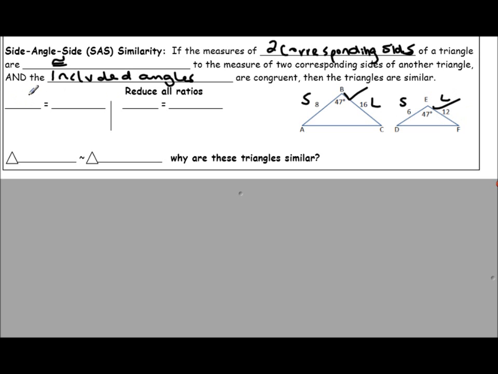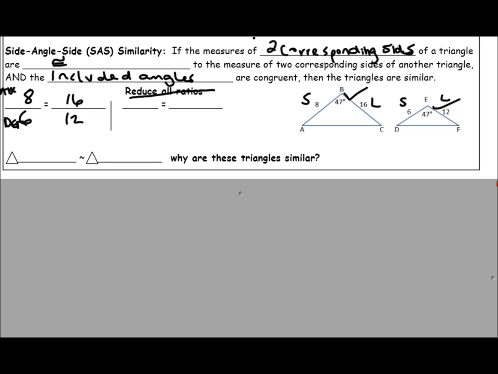So when I set up my ratios, I'm going to compare triangle ABC to triangle DEF, and I'm first going to compare my small sides, 8 to 6, and then I'm going to compare my large sides, 16 and 12.